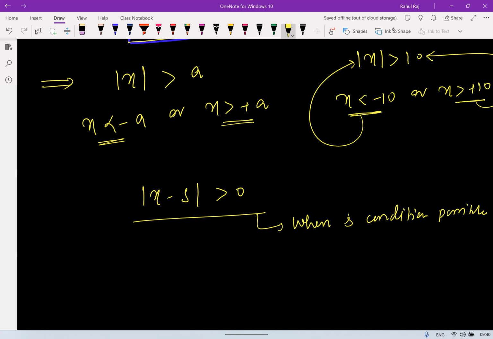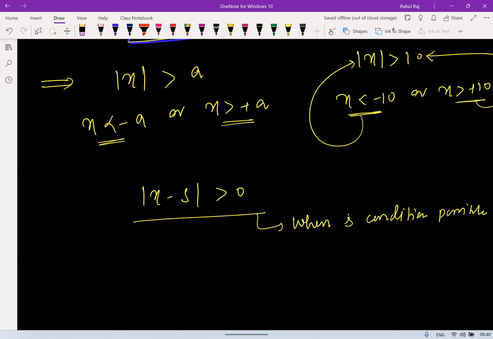Does this just simply mean that mod is positive in this case? Yes, x minus 5 is inside the mod, so this will be positive. I'm just asking you, when can you say this is positive? When is the condition possible?